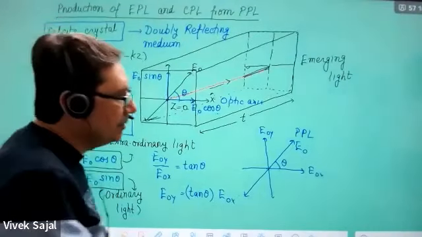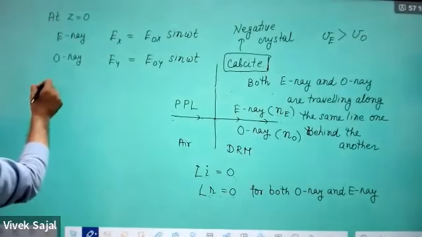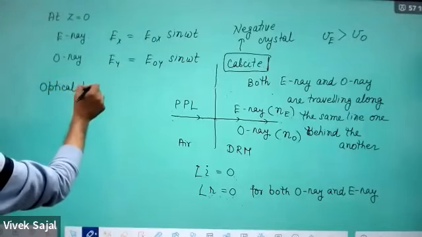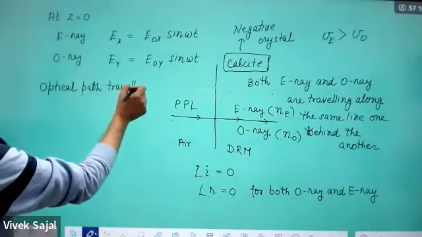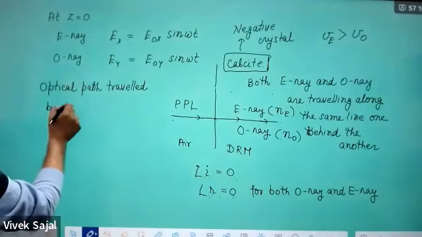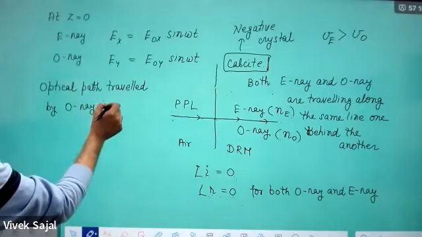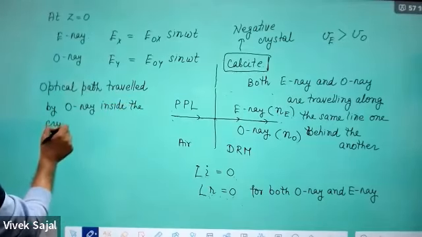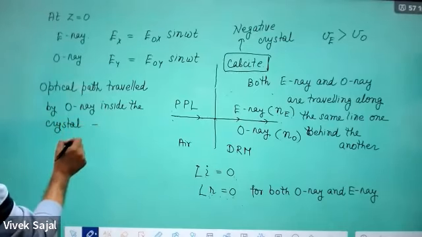So optical path traveled by O ray inside the crystal is equal to the optical path length.